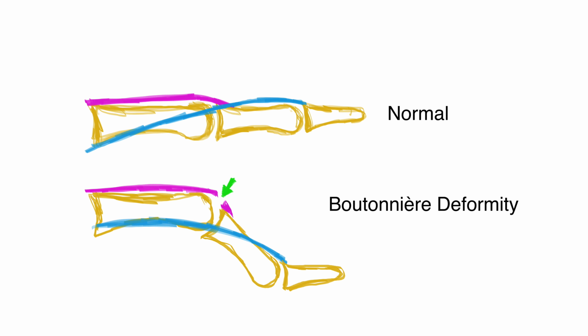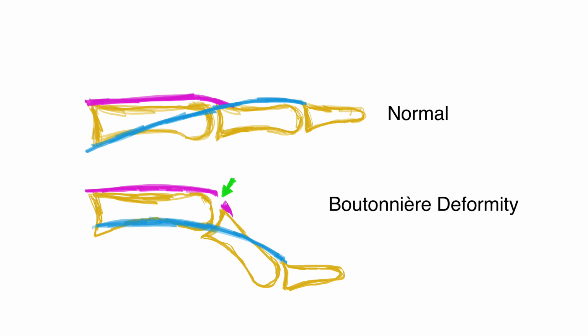So what you can see in the top drawing is that you have the yellow bones followed by the purple line, which is the central slip or extensor digitorum communis, and then you have the lateral bands being depicted by the light blue line, which start volar on the proximal phalanx and then at the proximal interphalangeal joint end up dorsal and then end up dorsal over the DIP joint, which means that they both extend the PIP and DIP joints but flex the metacarpophalangeal joints in the normal situation.